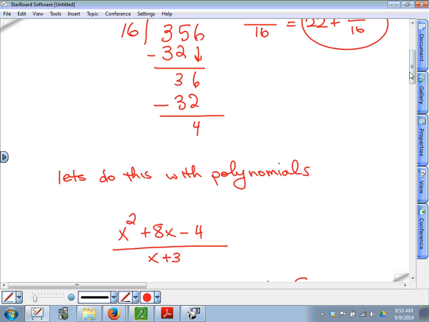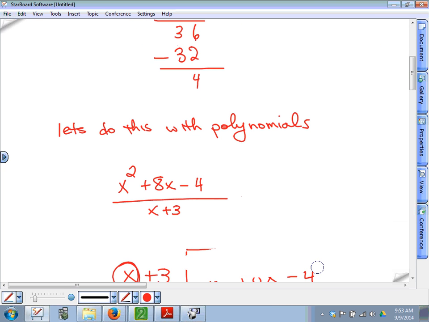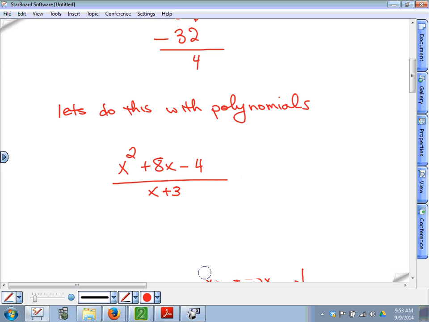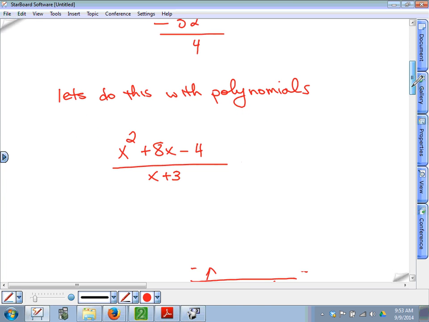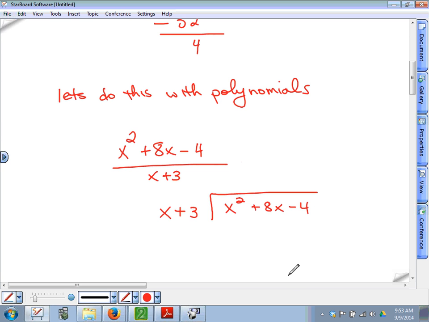So first step is to set up the division problem using that division bar. What goes inside? What goes outside? X plus 3 goes on the outside, exactly. X plus 3 is dividing x squared plus 8x minus 4. So you have to set it up like that.